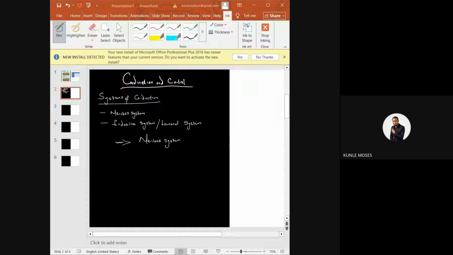Now, we have different compartments in the nervous system. We will still talk on that after the explanation. The brain is like the central computer, like the server and hub. We have the nerves.